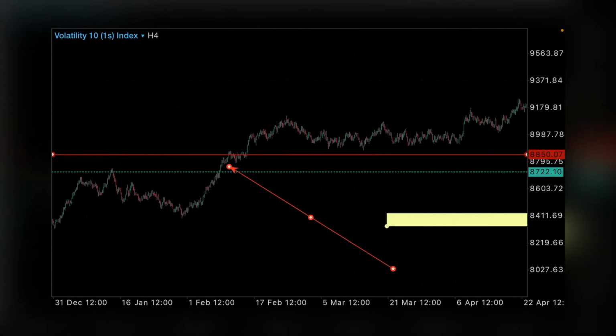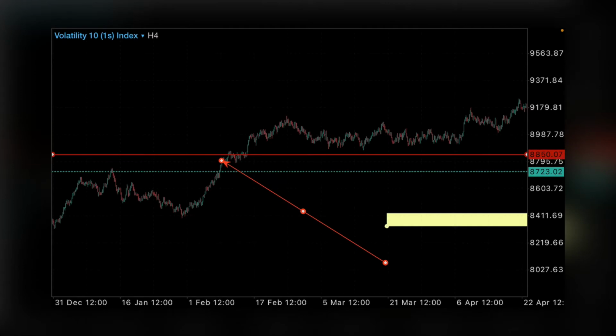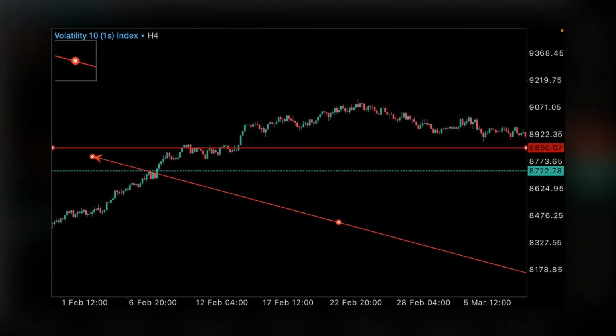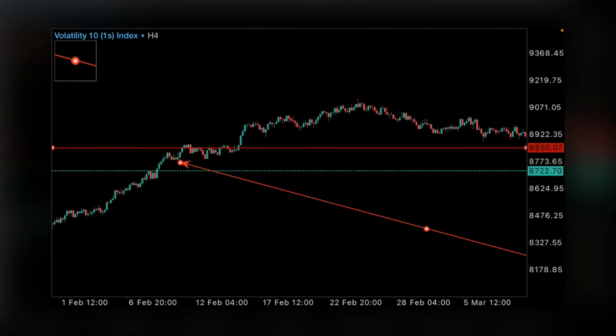For an uptrend, the up movement is called an impulsive move, while the little movement that is going against that up movement is called a retracement or a pullback.